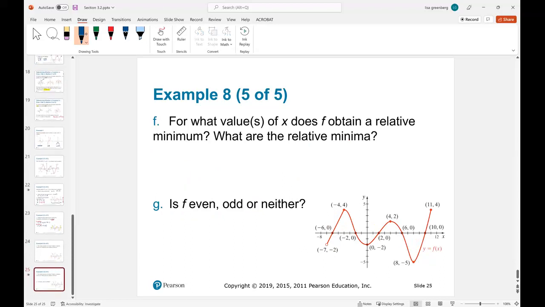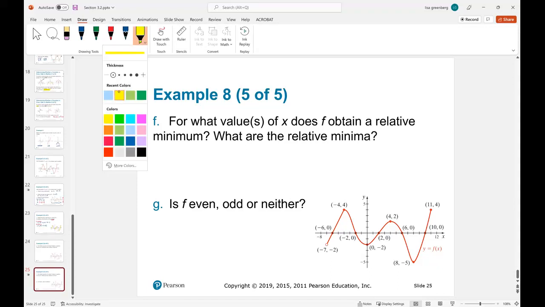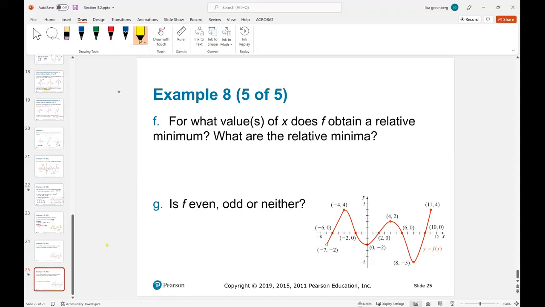Okay, so we're still going to use the same graph. For what values of x does f obtain a relative minimum? So let's get, I think I'll do it with a highlighter. So where's there a relative minimum? I can't count endpoints because I don't know what happens at those endpoints. Remember, I have to know what happens before and after.